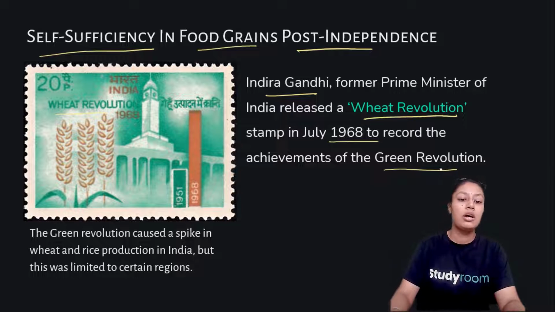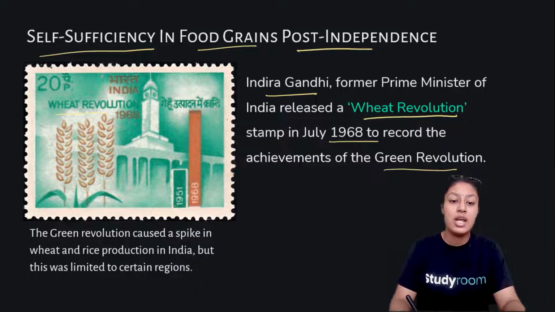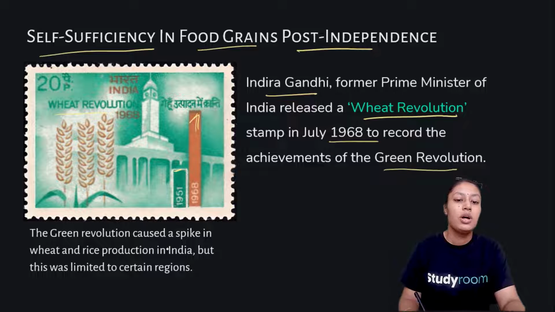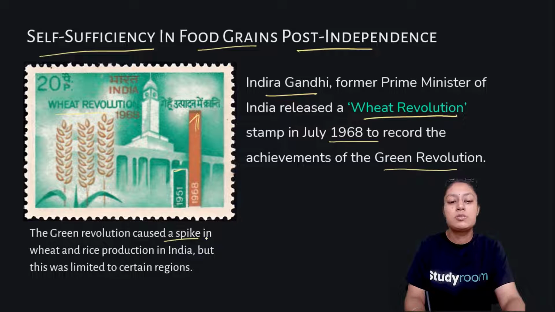And what was the record of the green revolution? As we can see, in 1951 our graph of production was low, but by 1968 it had reached a high point. In the green revolution, as we have discussed earlier, majorly there was a spike in wheat and rice production in India.